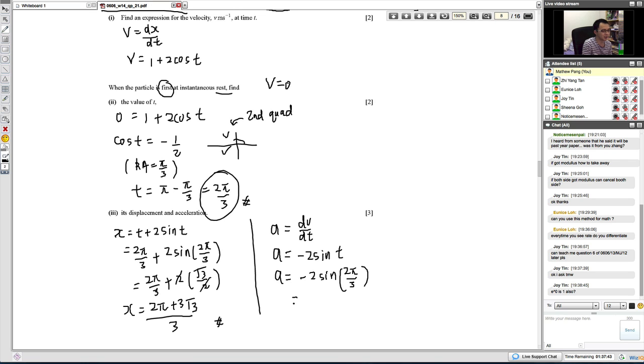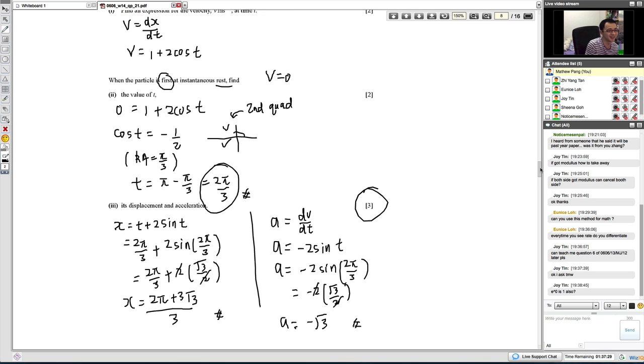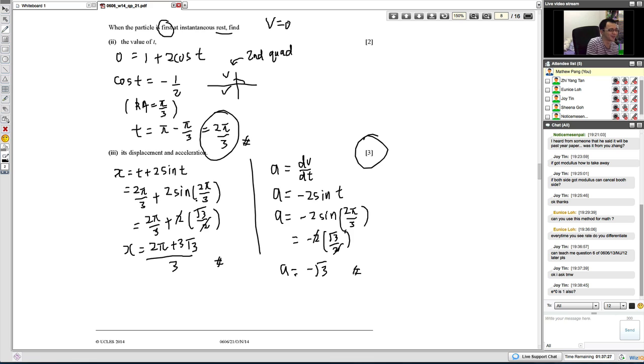This one I just did, it gives me square root 3 over 2. So simplify, the answer is negative root 3 for a. For this kind of question I'm not sure why they give only 3 marks. At least it should be 4 marks, because 2 marks for here and 2 marks for here. But maybe the examiner thinks this type of question is quite easy, so he's not going to give a lot of marks.